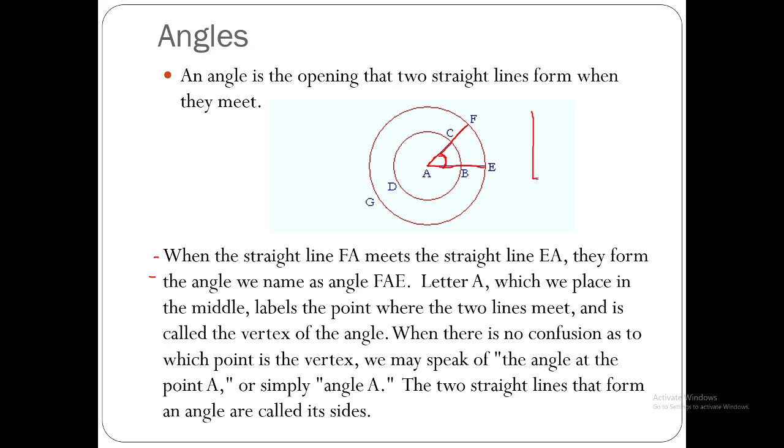So anything when two straight lines meet, we form an angle. These are called the sides. So this is side 1, and this is another side here. The two straight lines that form an angle are called sides.